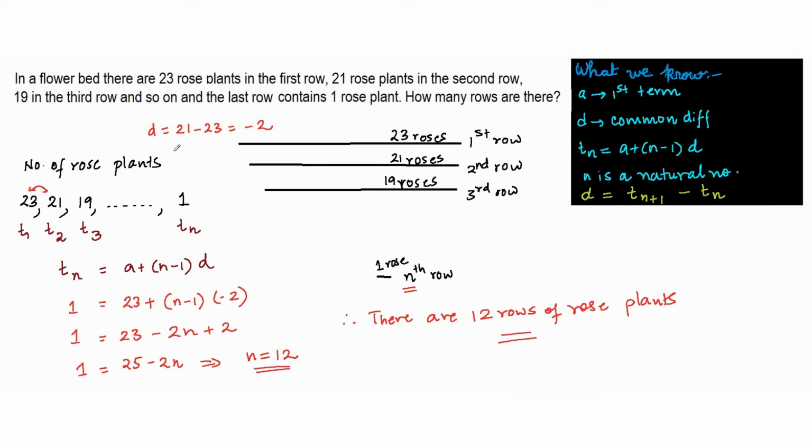So again over here, the key was to convert the given word problem into an arithmetic progression problem. And then we could use the different formulae that we know for arithmetic progressions to find what was required.